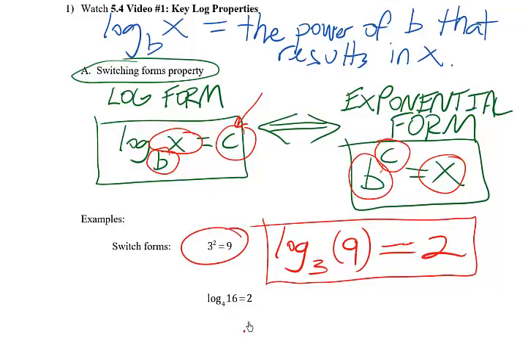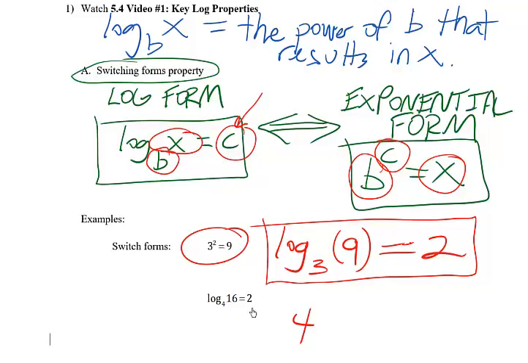In the second example, we're being asked to go the other way around. Now we're given a statement that is clearly in log form. One log, one base, one result, one power. I'm being asked to switch it into the exponential form. Well, all I have to do is identify the base. That would be the 4. Identify the power. The logarithm is equal to the power.